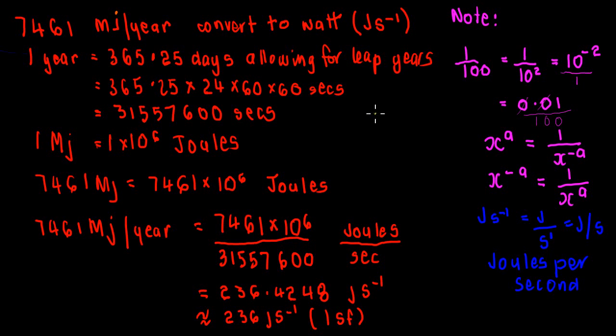So we got joules over seconds, joules per second, and that equals 236.4248 joules per second.